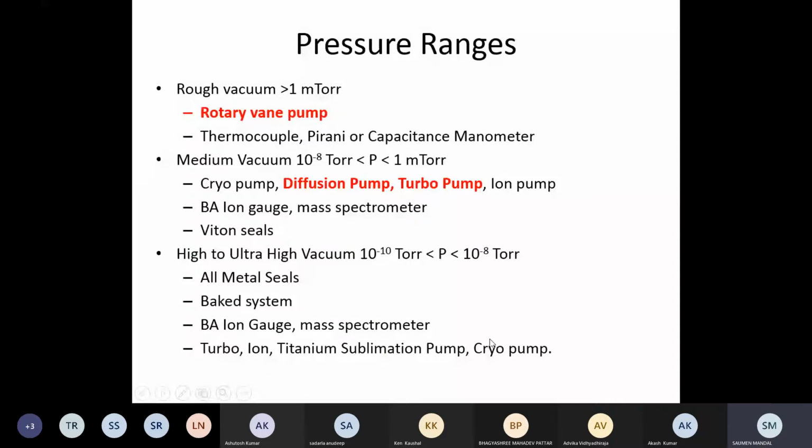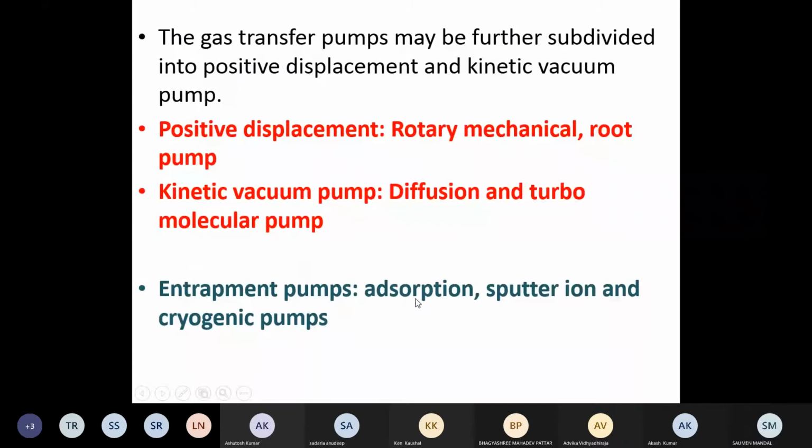Previously a diffusion pump was there, but now the diffusion pump is not there and a lot of new pumps came. That means if you want very high vacuum for some sophisticated characterization, you need high-end pumps like ion pump, titanium sublimation pump, cryopump, and these pumps are nothing but entrapment pumps.